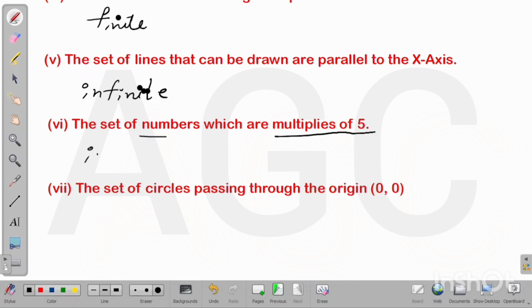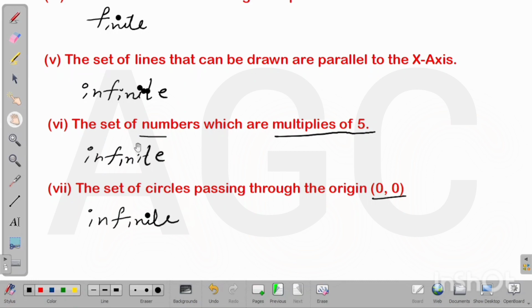It is also infinite. So last one, the set of circles passing through the origin (0, 0). It is also infinite. So these are the infinite sets.